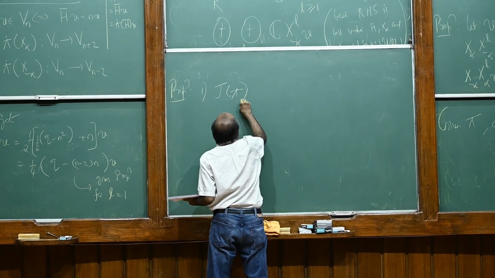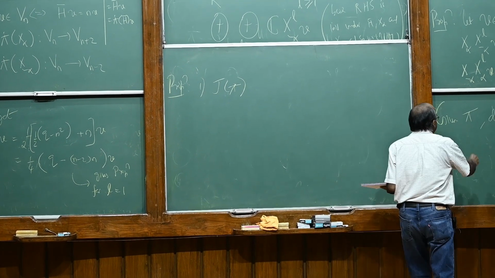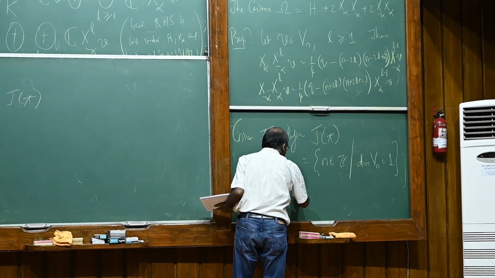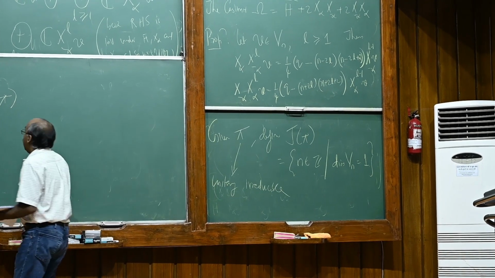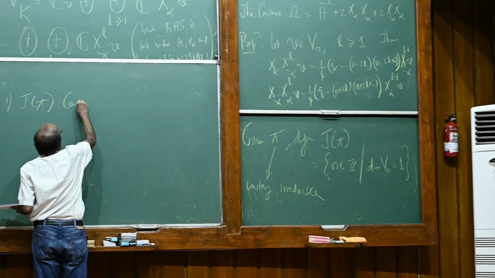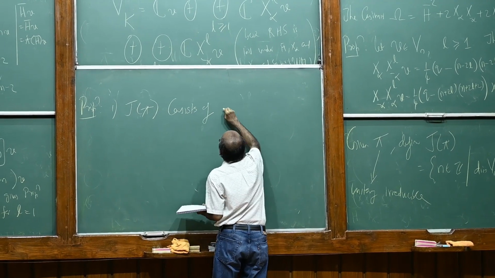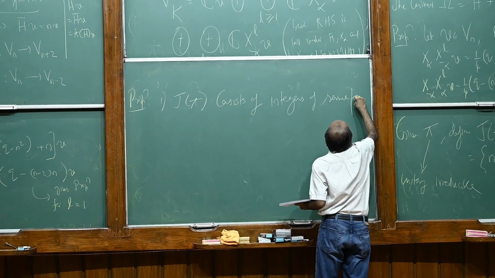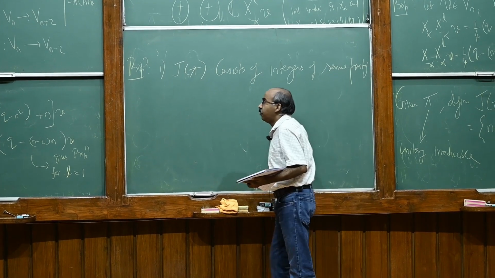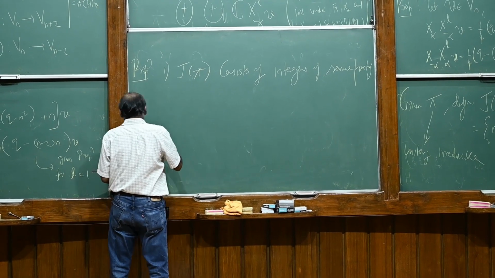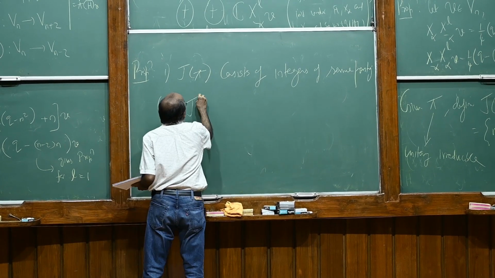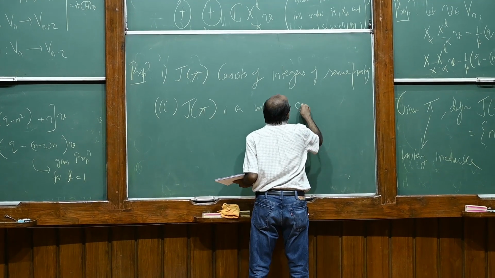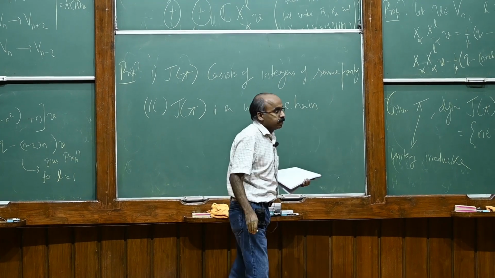J pi. So given pi, unitary reducible, J pi consists of integers of the same parity, so it's either even or odd. 2, J pi is an unbroken chain, so you can't have some gap.